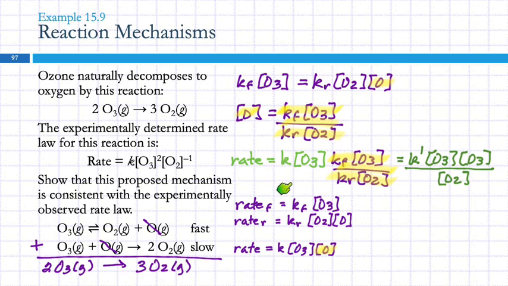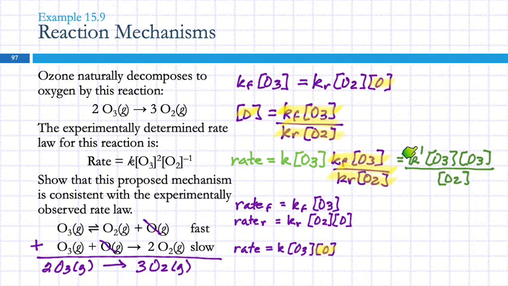So I took these K's and I lumped them all together and called them K prime. Okay? Now, this does not look exactly like that, but it is actually the same thing.